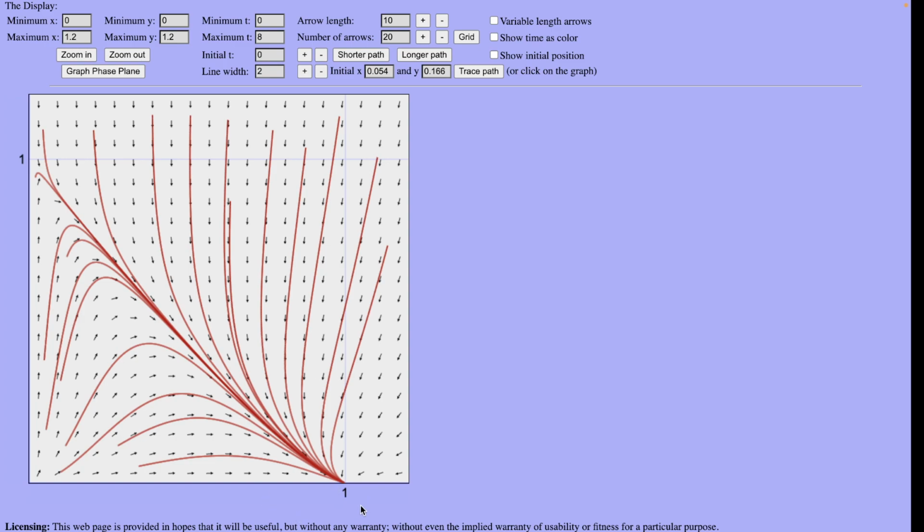In this case, species 1 goes to its carrying capacity, but species 2 along the y-axis dies out. It will go extinct for species 2.